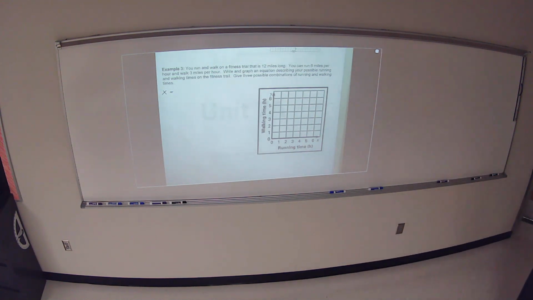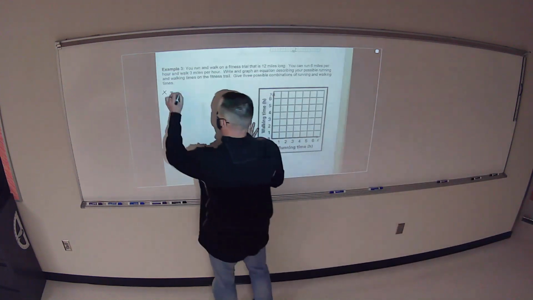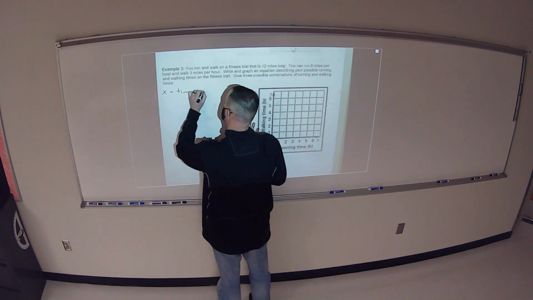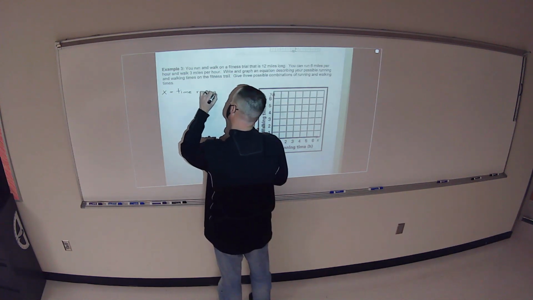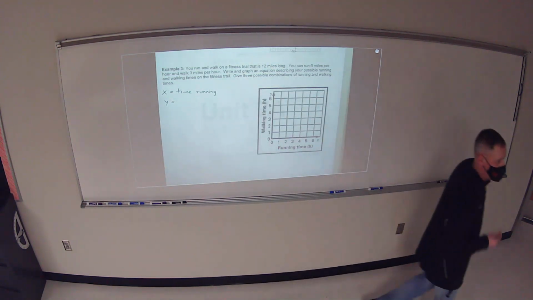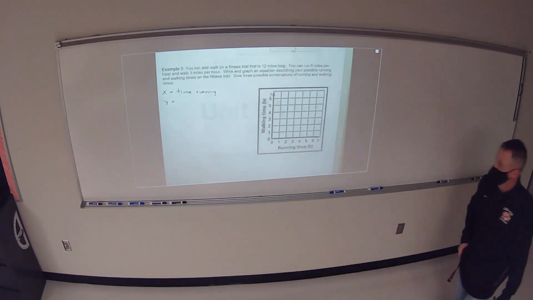So if you look on the x-axis, what does x represent? It's our running time. It's how much time we spent running. Okay, so we're going to let x represent our time running. All right, and we're going to let y represent what? Your walking time. Okay, so our time walking.